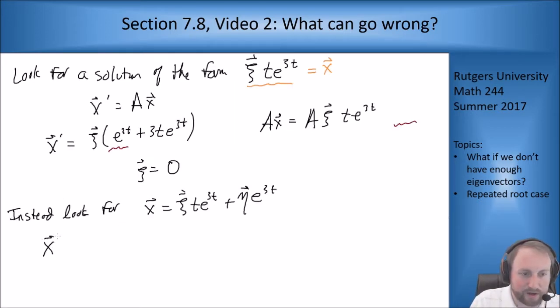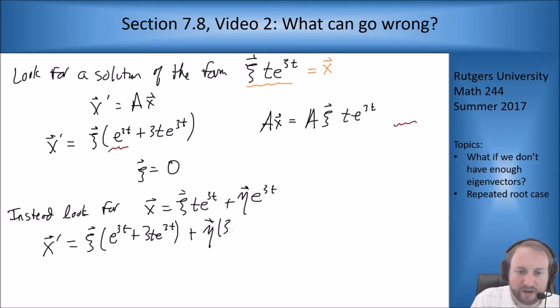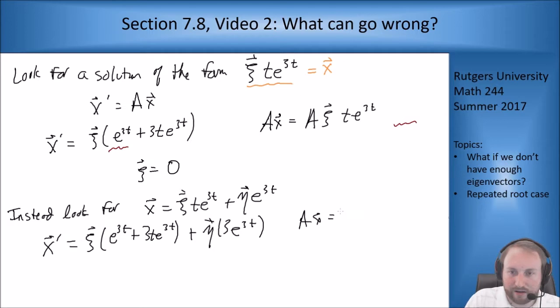So x prime is going to be c e to the 3t plus 3t e to the 3t, like it was before, plus eta times 3 e to the 3t. And ax is going to be ac t e to the 3t plus a eta e to the 3t.